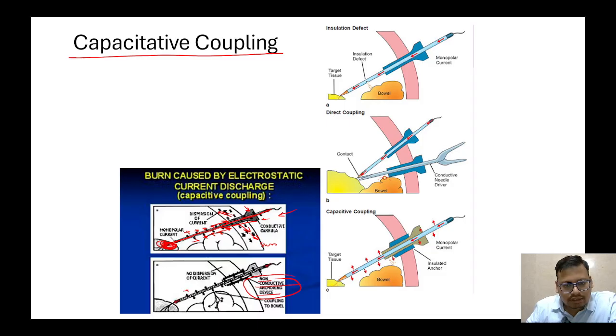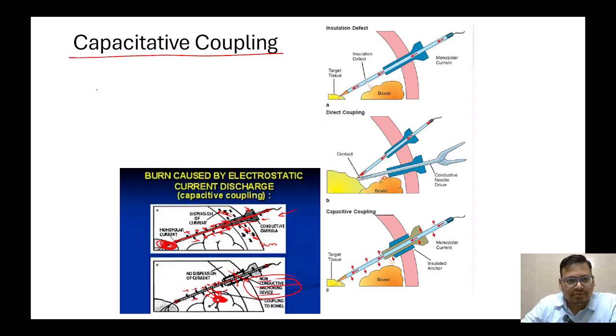The static current that is generated at the surface of the electrode does not get transferred to the skin surface. So that current will transfer, even if the organ is not touching, to the vicinity, adjacent bowels or any other organs. So it will cause injury to distant organs without touching.